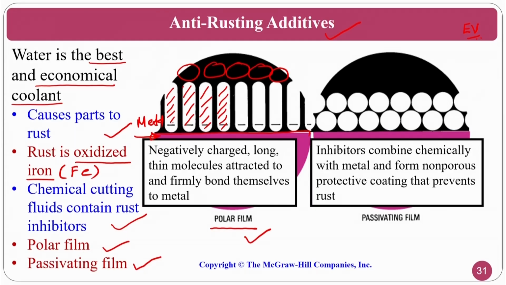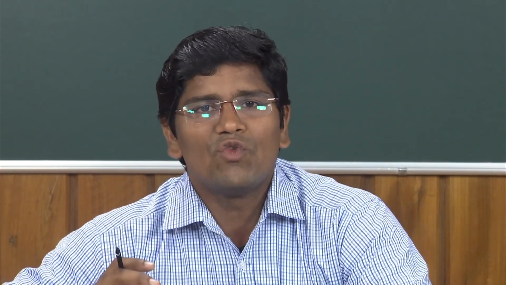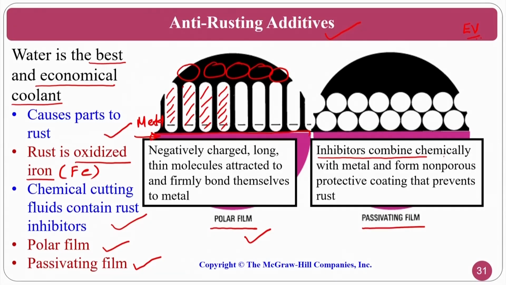In the other way, what is passivating film protection? These inhibitors combine chemically with a metal and form a non-porous protective coating that prevents the rusting. The other one is the passivating film. How is it going to form? The inhibitors combine chemically with the metal and form a non-porous protective coating that prevents rust.